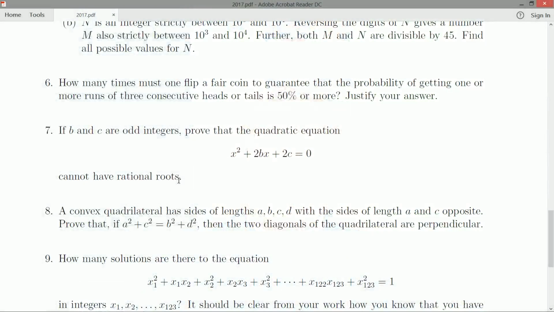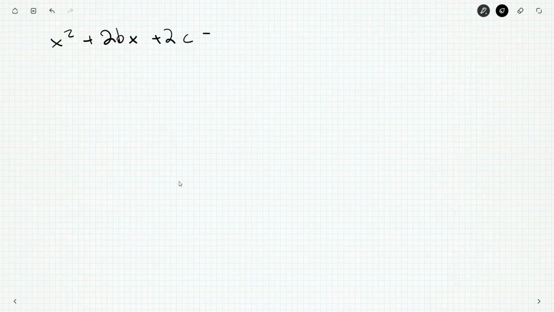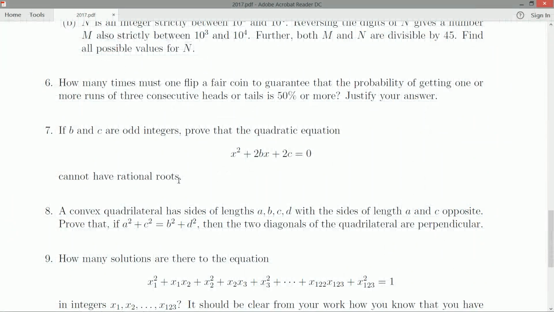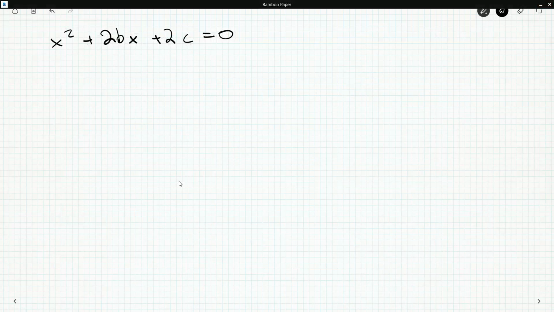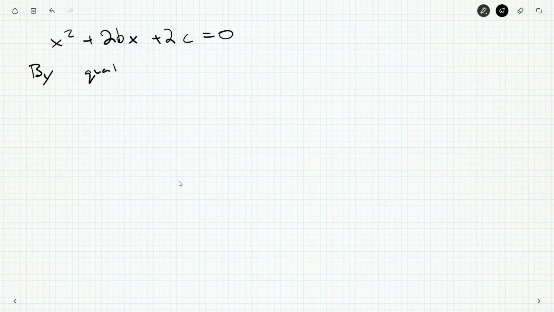Okay, so let's copy our equation down. x squared plus 2bx plus 2c. And again, they didn't say b and c are positive, they just said they're odd. So actually the plus signs here don't matter. I might say something like, by the quadratic formula, we can get the roots.